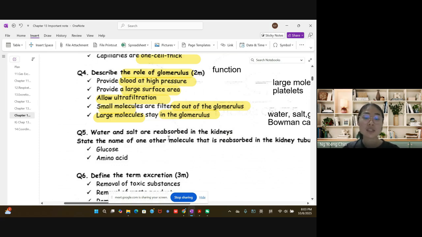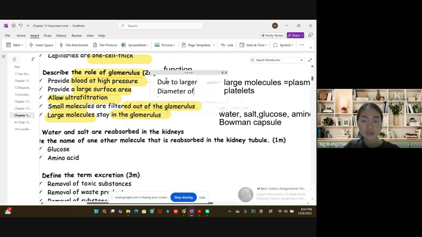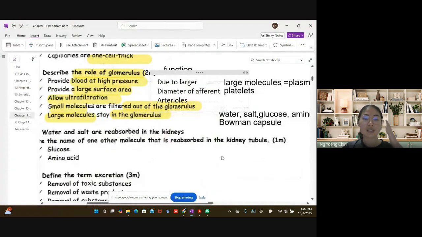It's due to the larger diameter of the afferent arteriole. The afferent arteriole has a very large diameter, so it can transport more blood into the glomerulus.